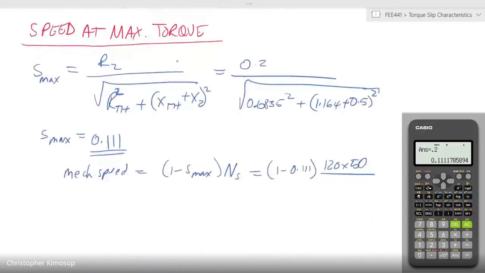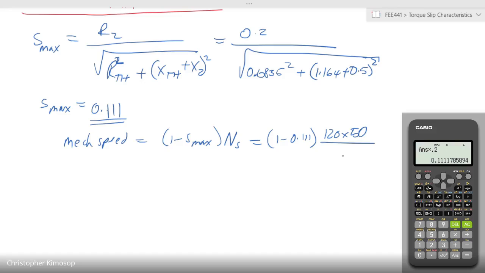We divide by 4. That gives us a speed of roughly 1,333 rpm. Okay, so this is our speed.